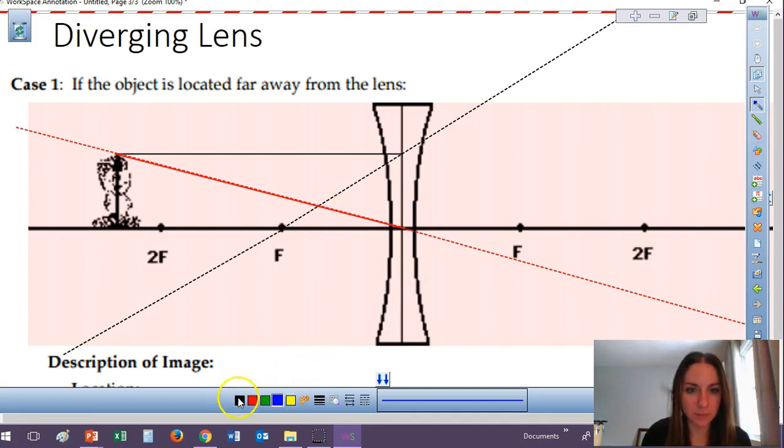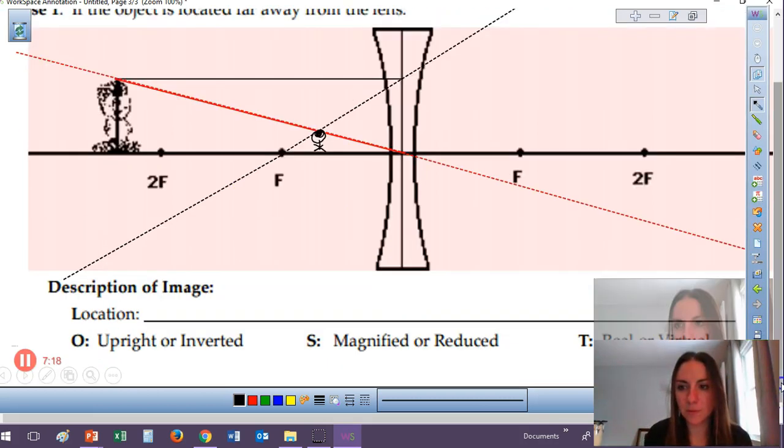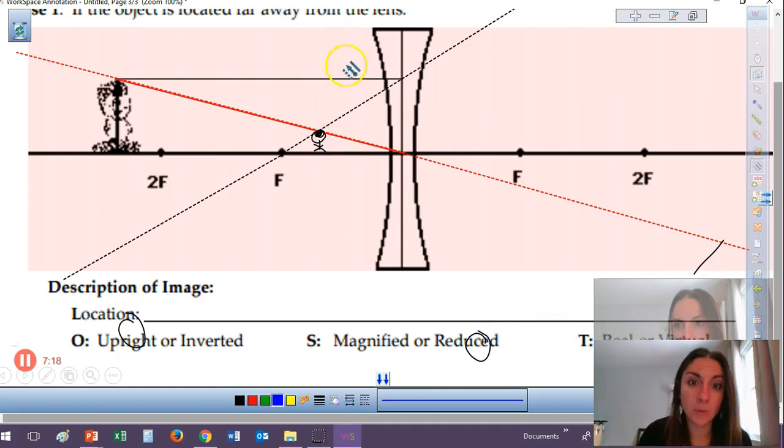That is where we go. It's the top of the person right here, and there's my person. Same rules. Smaller. We look down here. It's upright, reduced, and virtual down here because we're in front of the lens.